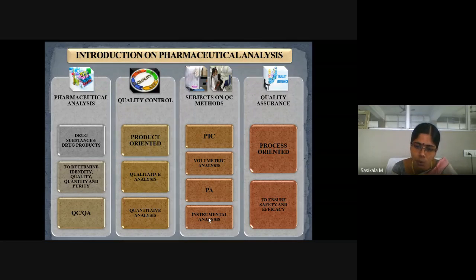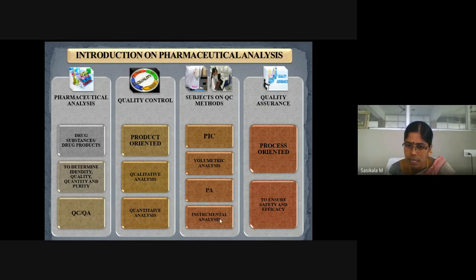With that microgram to milligram amount, using various analytical, sophisticated and preliminary analytical instruments, you are going to analyze drug substances or drug products. Whatever you want to determine, its quantity, purity, whatever category you need to analyze, you will be using that particular instrument.